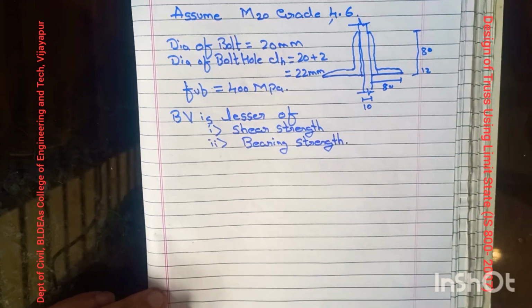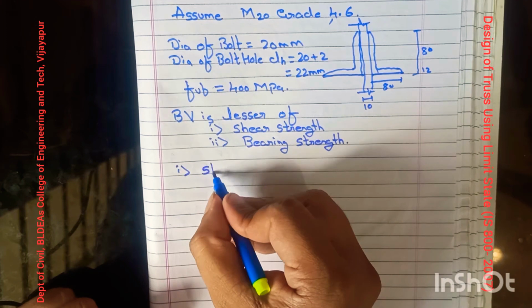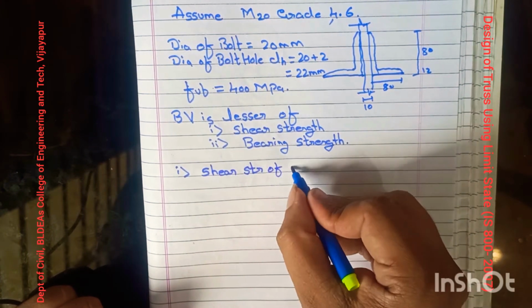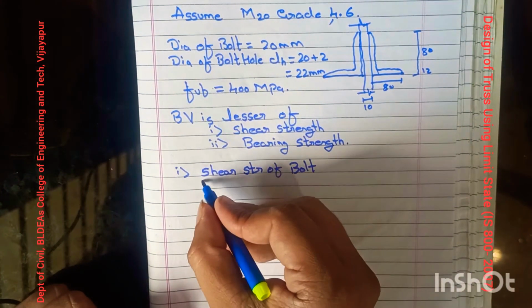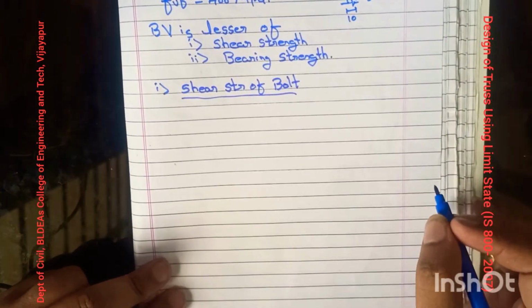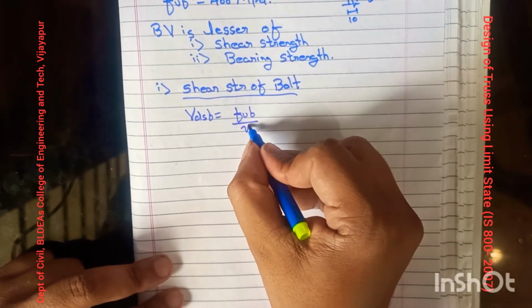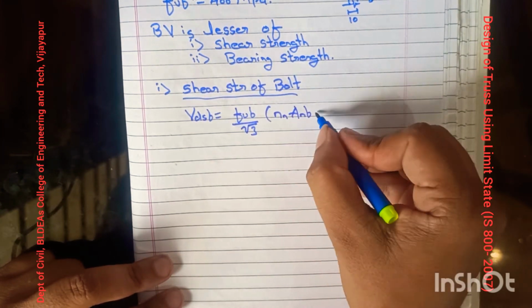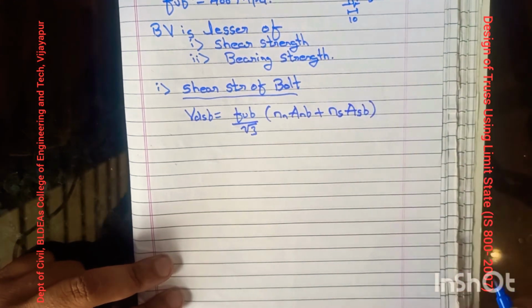So first let us find the shear strength of the bolt as given in IS 800 2007, which is given by VDSB equals FUB by root 3 into (NN into ANB plus NS into ASB).